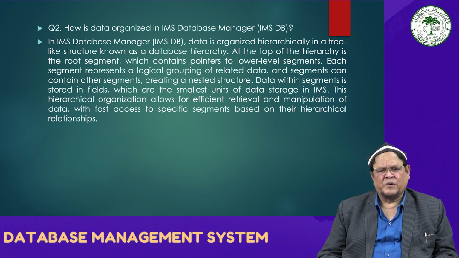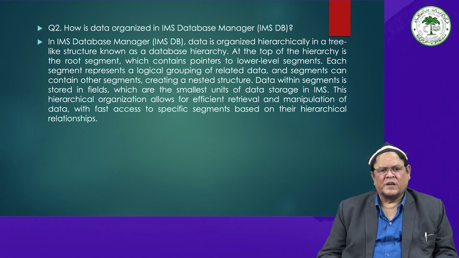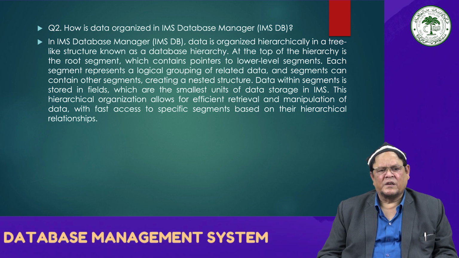Each segment represents a logical grouping of related data, and segments can contain other segments, creating a nested structure. Data within segments is stored in fields, which are the smallest unit of data storage in IMS. This hierarchical organization allows for efficient retrieval and manipulation of data, with fast access to a specific segment based on their hierarchical relationships.